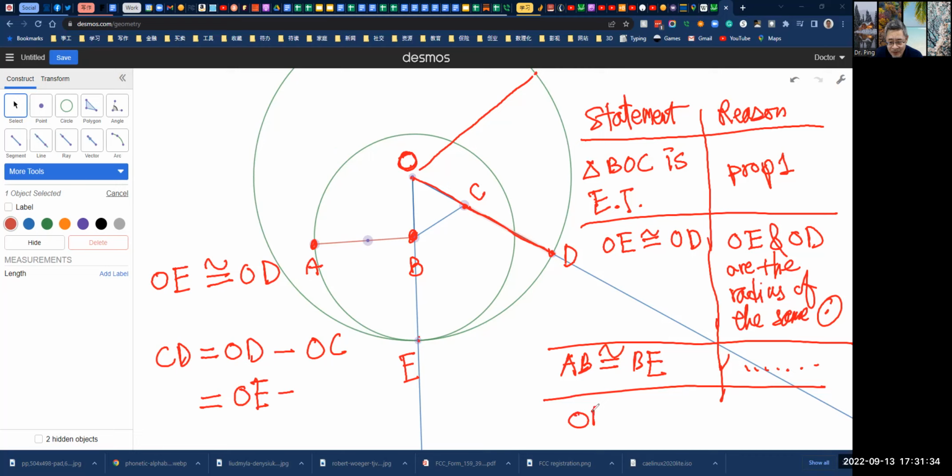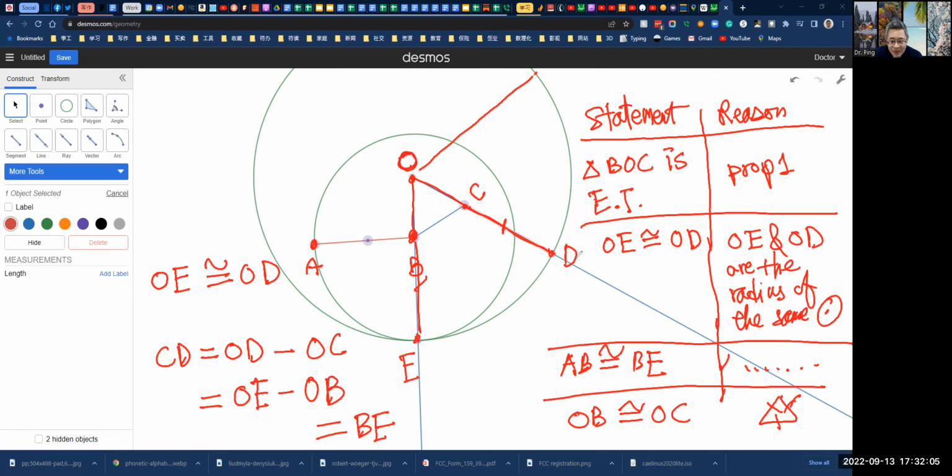So OB is congruent to OC, that's an equilateral triangle, they're all the same. Now, OE minus OB is the same as BE. So we know that this length and that length are the same.